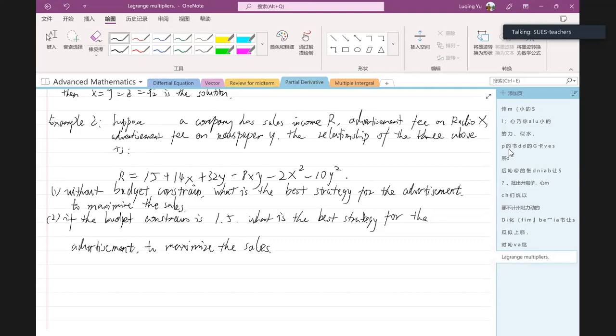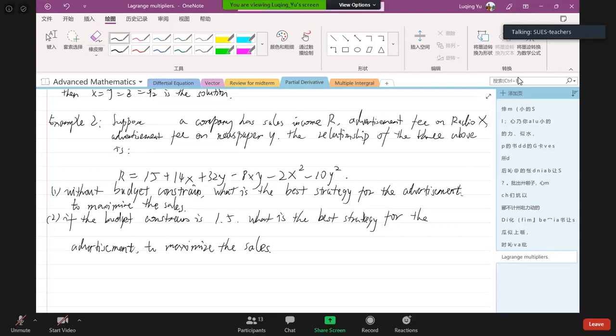We have a company whose sales depend on its advertisement fee, the combination of the newspaper advertisement fee and the radio advertisement fee. So we want to find a best solution. Based on the mathematical function, we know there will be a best.